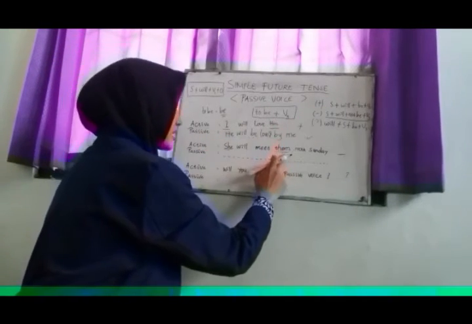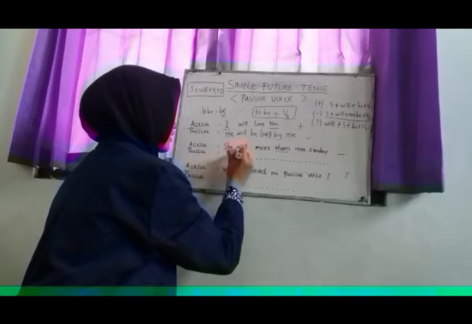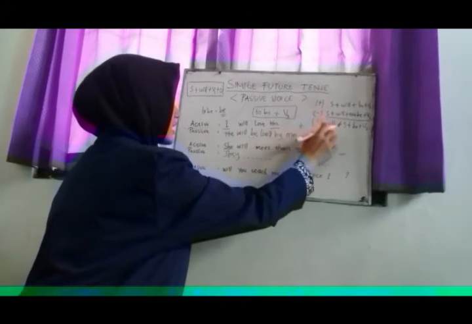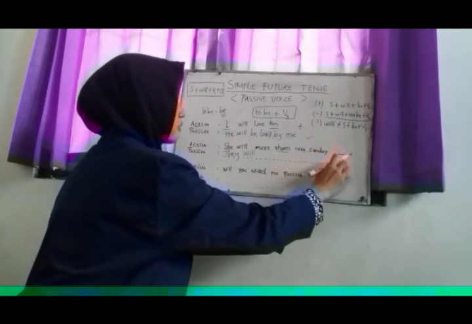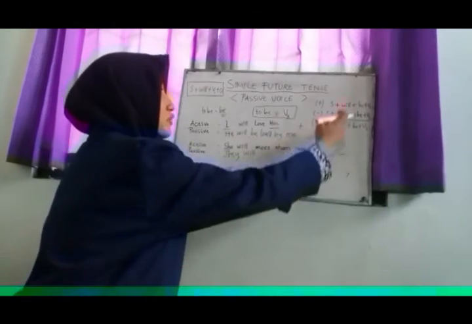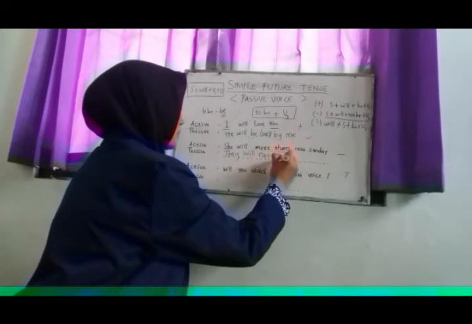Subject, them, becomes they, will is still will. Because this is the negative sentence, don't forget to put not be.